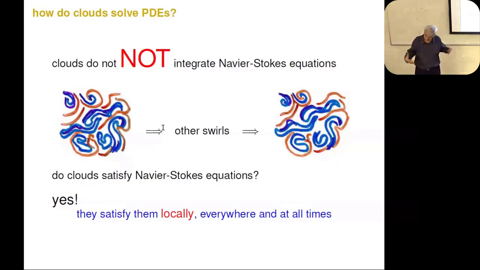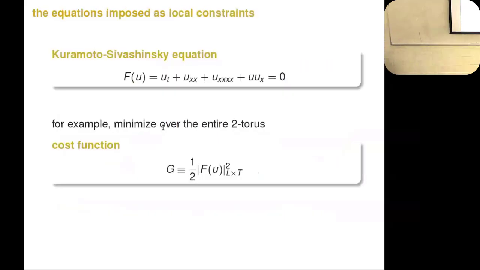I'm a molecule and there are other molecules jostling around. I don't care what happens a kilometer away. I just have to make sure that these guys and I are in harmony, and that's given by the balance equation, like the Navier-Stokes equation.